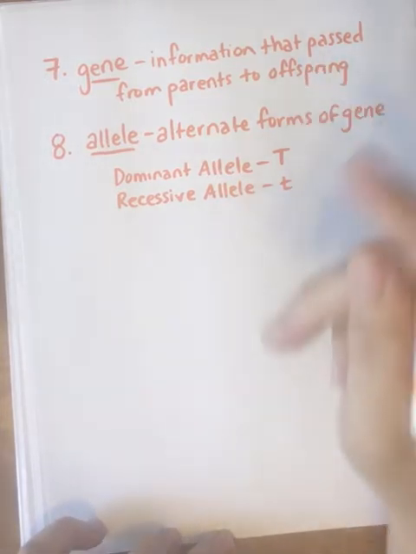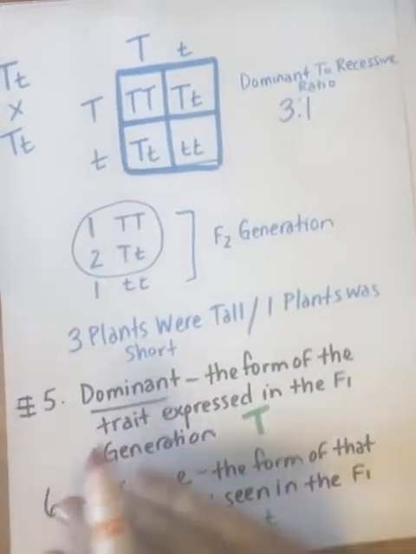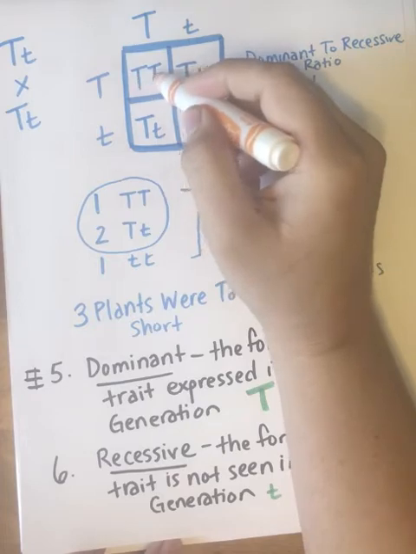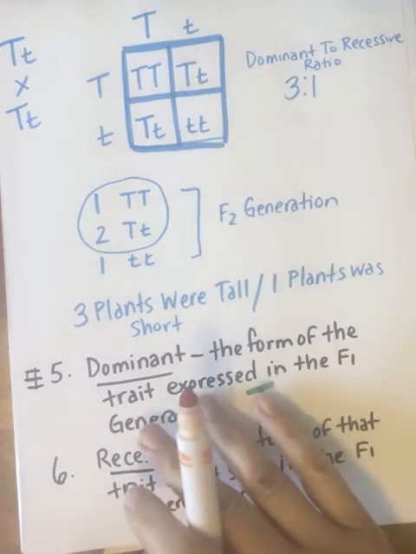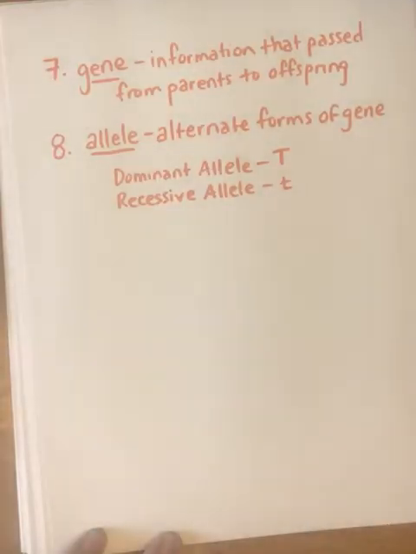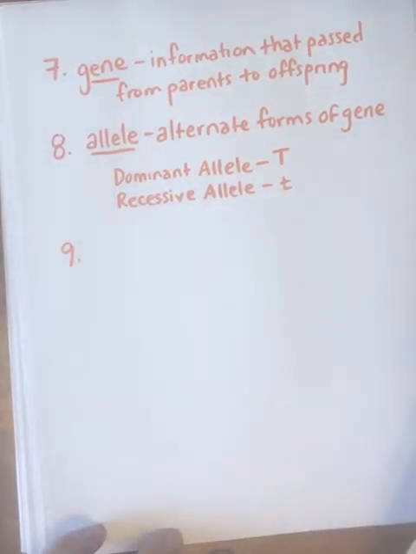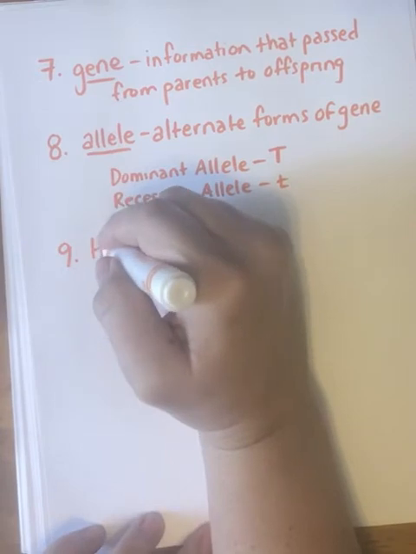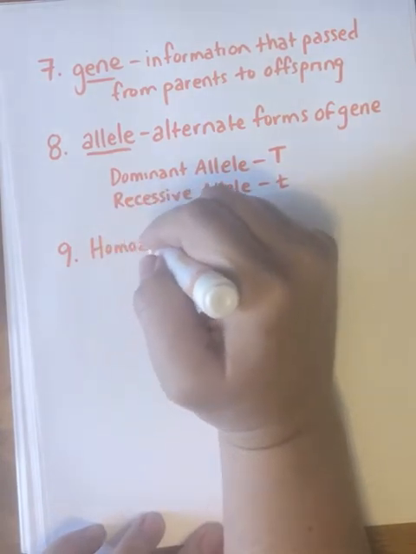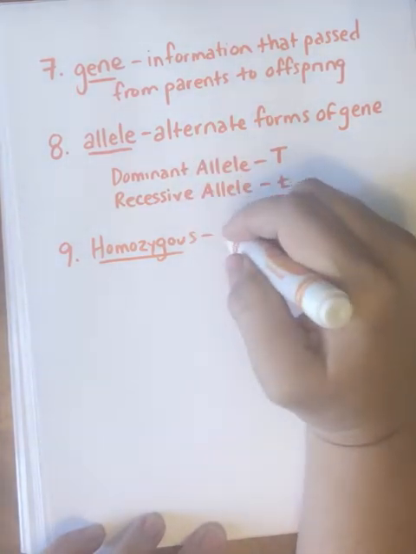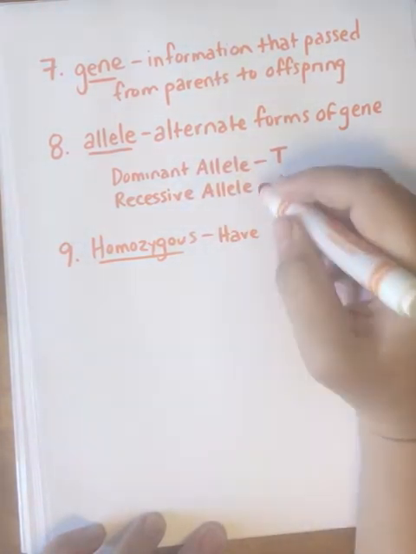Now, we've learned that we have 2 sets of alleles. So if you have 2 of the same alleles, we say that those are homozygous. So we use different words to describe the alleles that you contain. When you use the word homozygous, homo means the same. This means you have 2 of the same alleles.